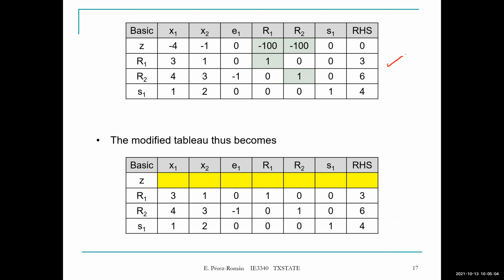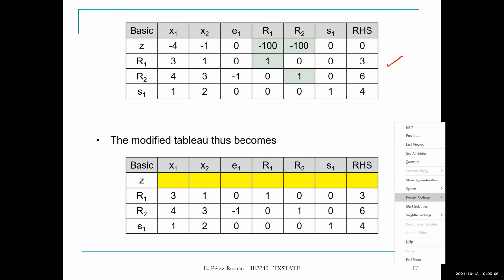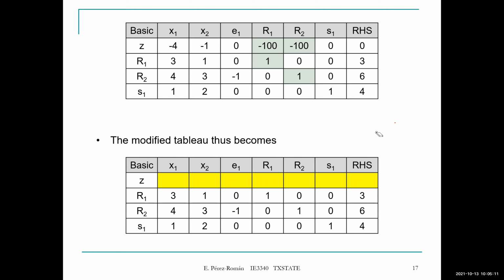So we are going to apply the Gauss-Jordan method. Here, we're gonna multiply this row times 100, and we're gonna add that to row 0. And then we're gonna multiply this row times 100, and we're gonna add that to row 0.